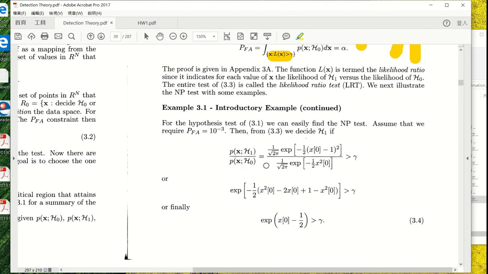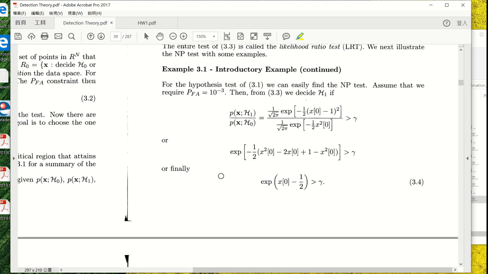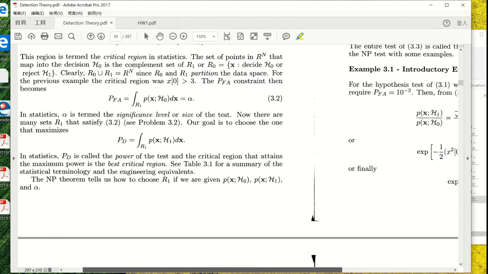Then of course, as I said, you have a lot of things to simplify. The 1 over square root of 2 pi terms cancel out. When something is an exponent, the exponents can subtract from each other. So it goes like this, and finally you have something like this. Okay.